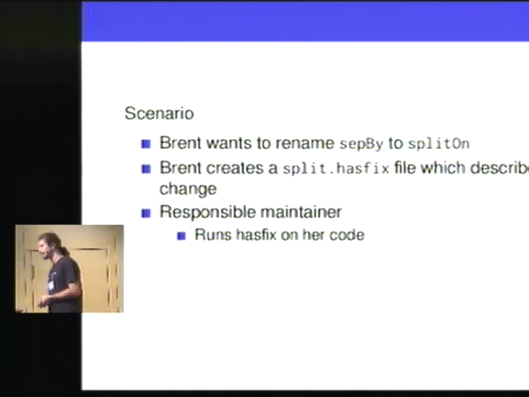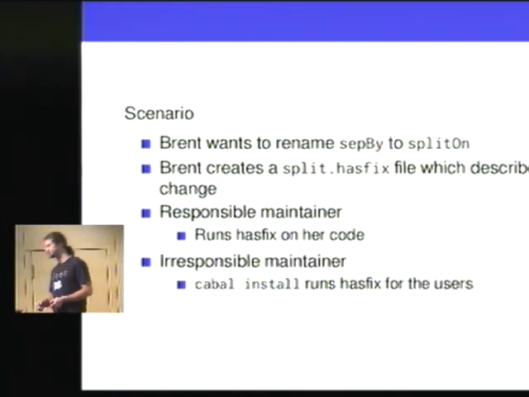So, perfect. What if the other library maintainers are not that responsible? Then there is another way to go. It's a bit controversial, but at least we should consider it.